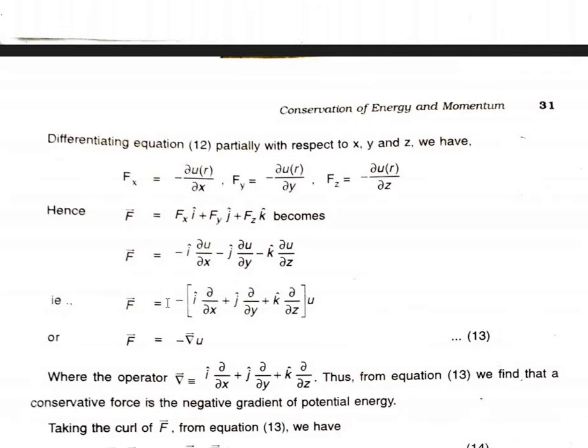When we take the minus sign outside, F equals minus (i ∂/∂x plus j ∂/∂y plus k ∂/∂z) acting on U.